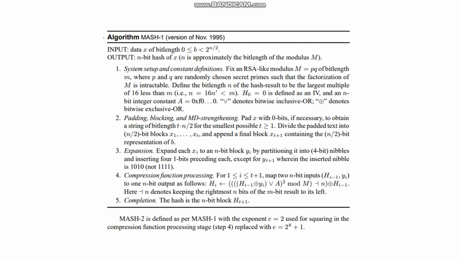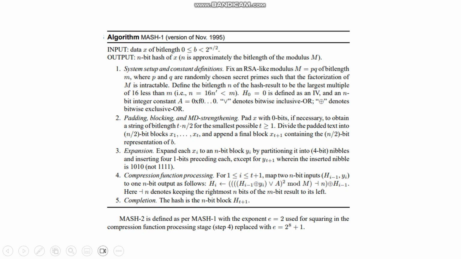X0 equal to 0 is defined as this symbol, and the n-bit integer constant r is equal to this, and this symbol denotes bitwise exclusive OR.